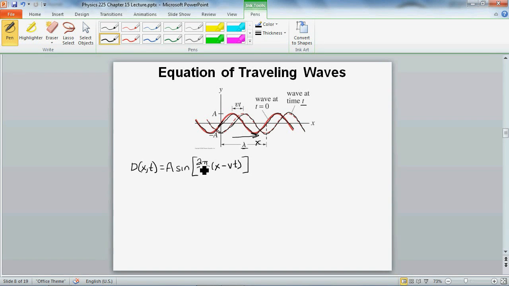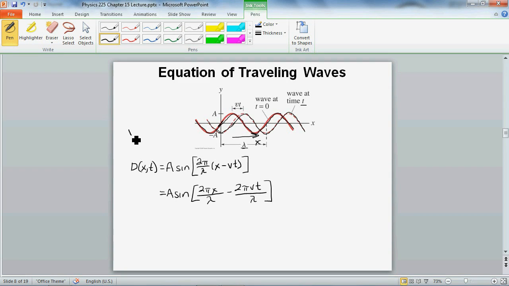Now, this 2 pi divided by lambda can be distributed through. I will have 2 pi x over lambda minus 2 pi velocity times time over lambda.